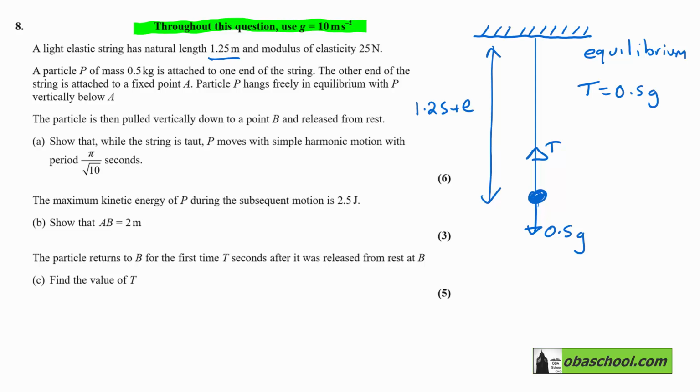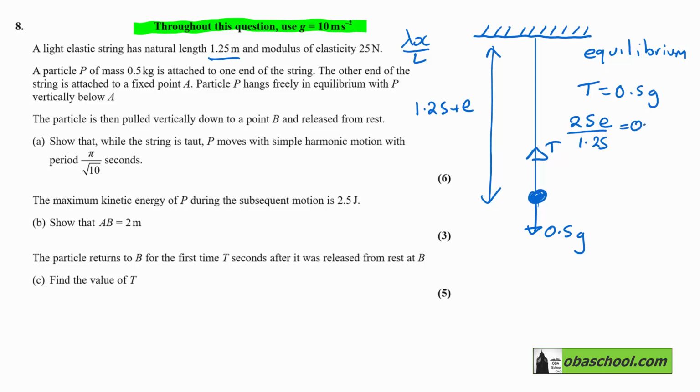Now, the tension is equal to lambda x over L. So here, that is going to be 25 E over 1.25.